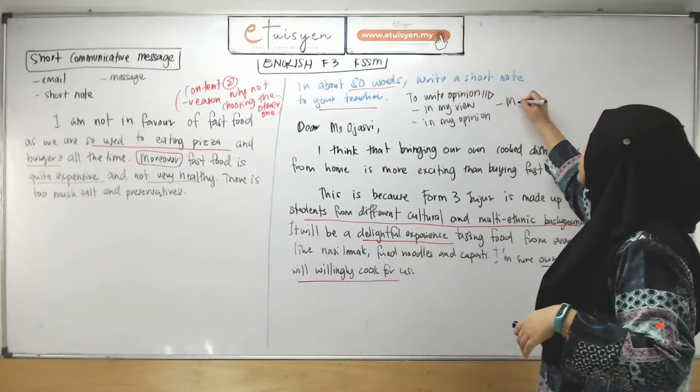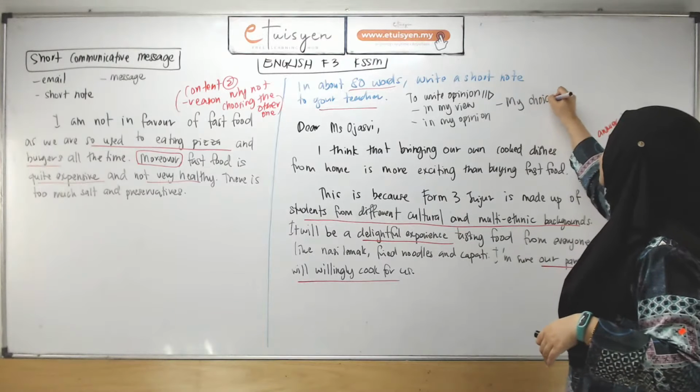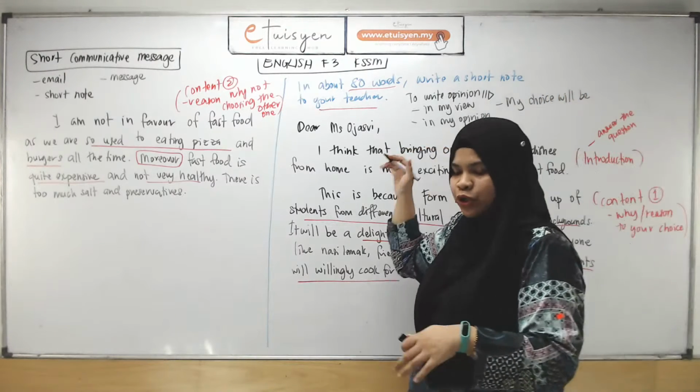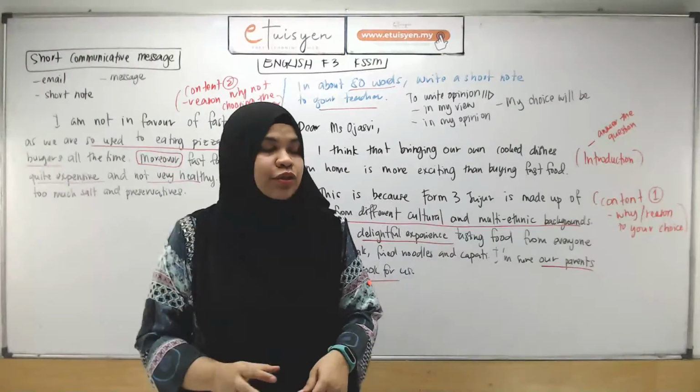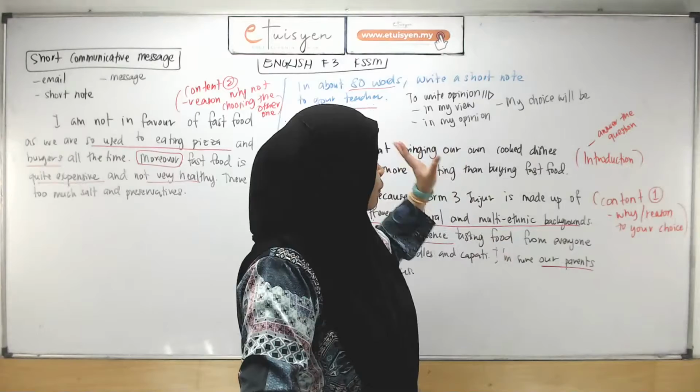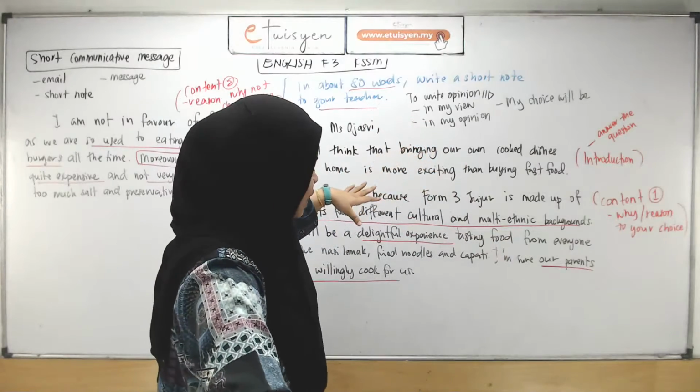My choice, you can also just directly to say my choice will be, okay. So there's a few ways for you to start your introduction, to start your short note. Banyak cara. Okay, so that's a few things that I wanted to highlight.